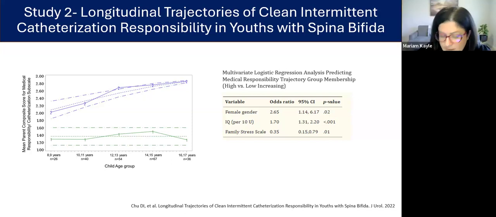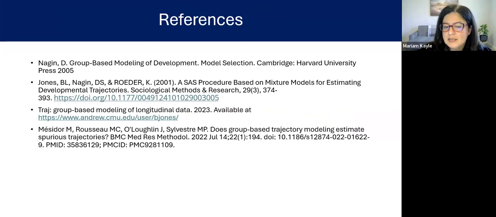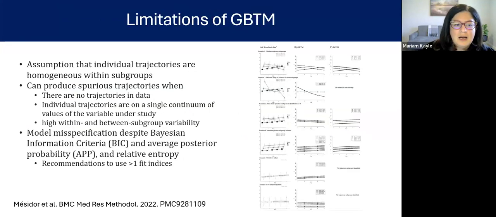Absolutely. And again, this is not the best modeling method for everything. I've included a couple of resources that describe some of the limitations of the models. And this paper is excellent, though it was way over my head.